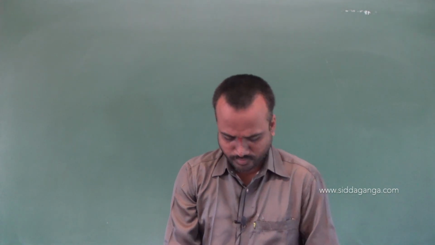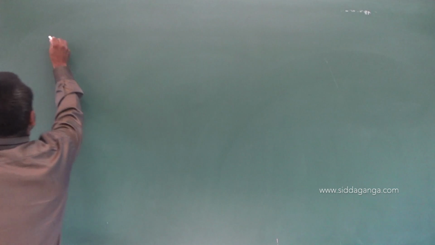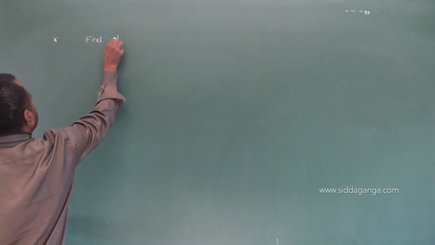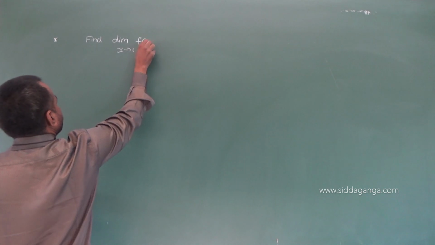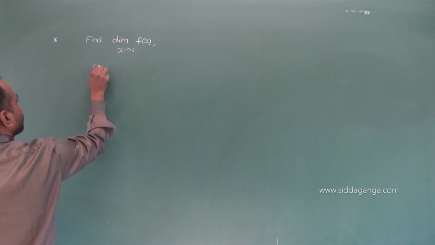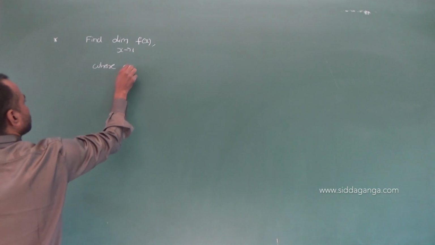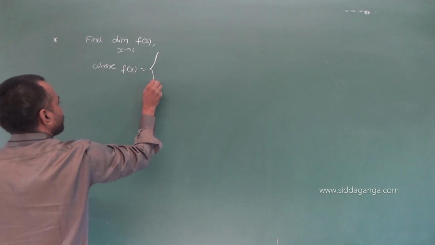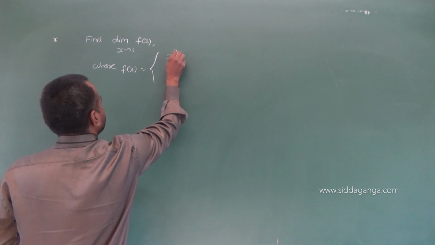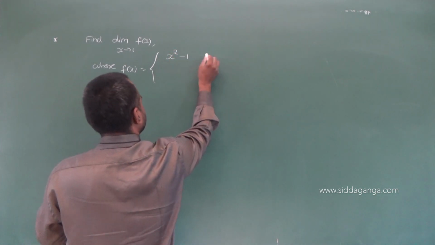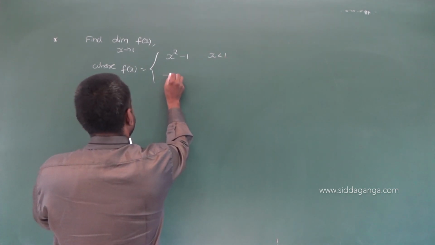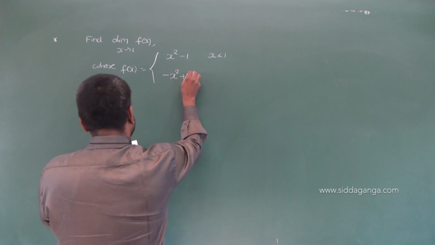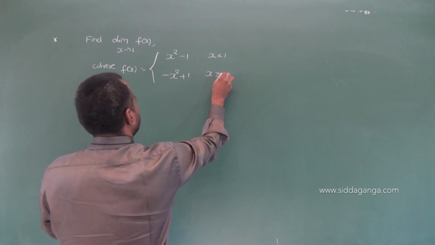Next problem, one more problem. Find limit x tends to 1 of f of x, where f of x is equal to x square minus 1 for x less than 1, and minus x square plus 1 for x greater than or equal to 1.